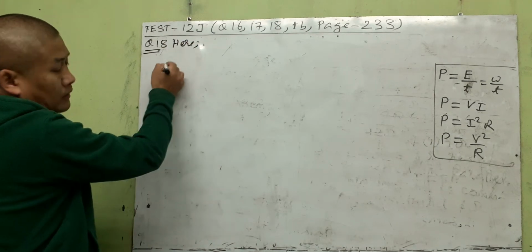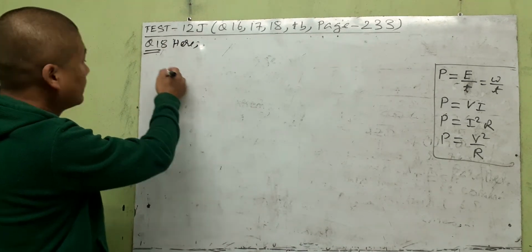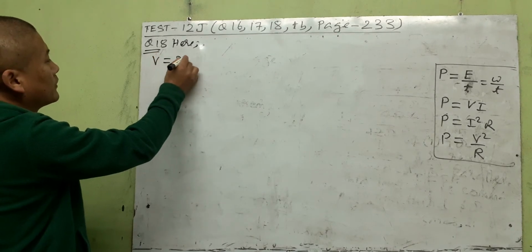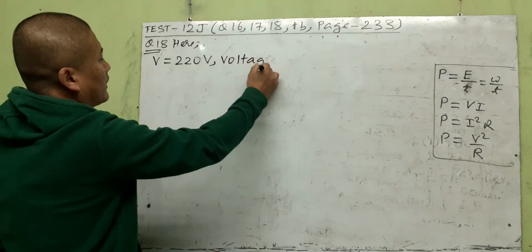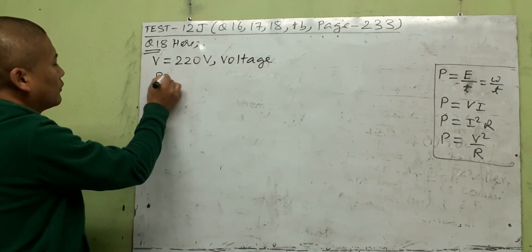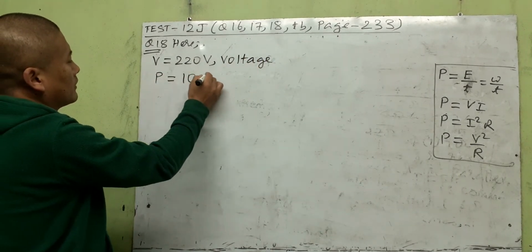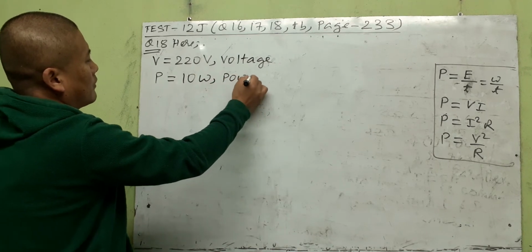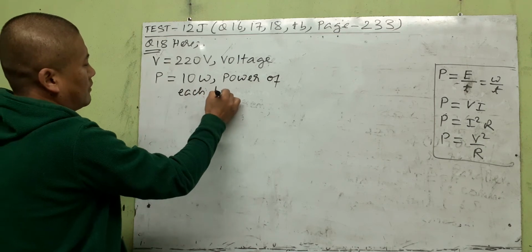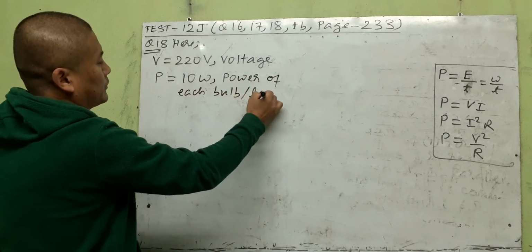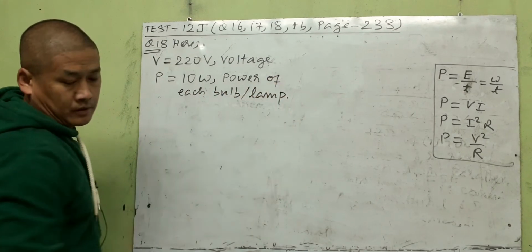Here V is equal to 220 volt is the voltage supply, right? Watt means power, so power is 10 watt is the power of each bulb. Okay, bulb or lamp, it's the same meaning.